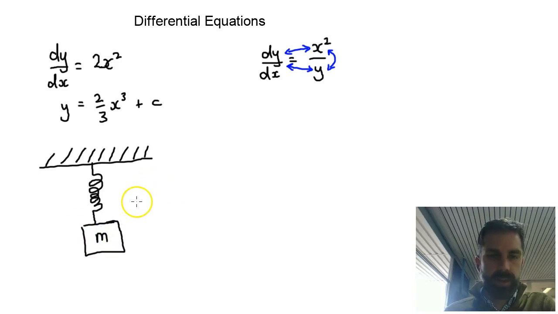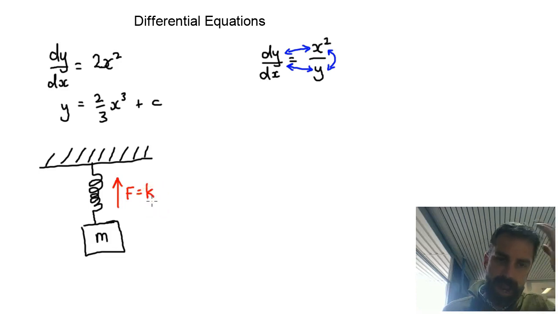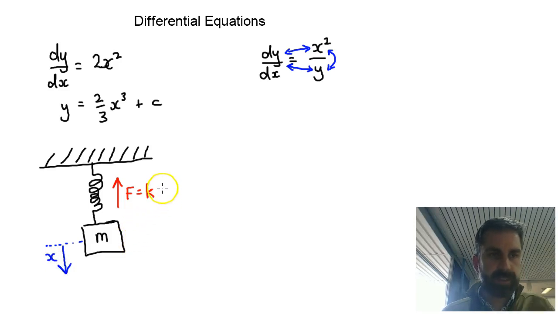Now, the force the spring exerts on a body is equal to a constant called k multiplied by how far you've stretched the spring. So if the mass starts at this position and we pull that mass down by some value x, then the force due to the spring is equal to kx.